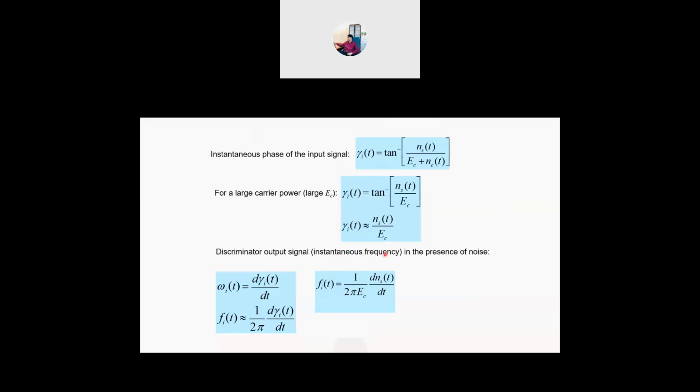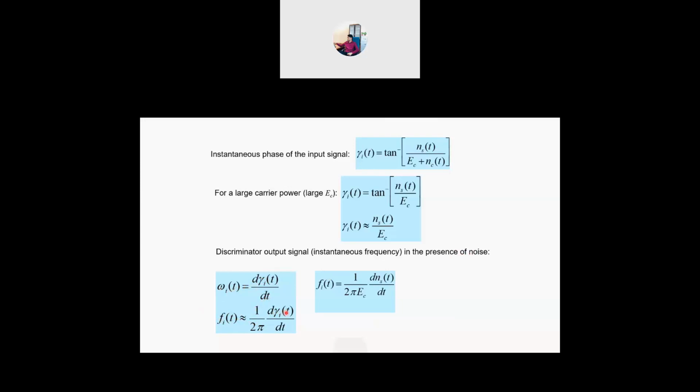The discriminator output signal instantaneous frequency in the presence of noise: omega i, the instantaneous frequency, equals the derivative of the instantaneous phase of the input signal over dt. And if you want the frequency, it's just over 2 pi, so that's why you have 2 pi here.